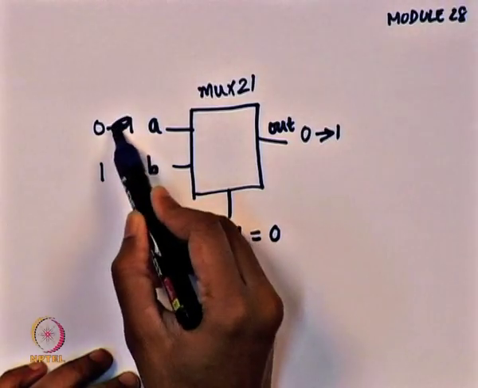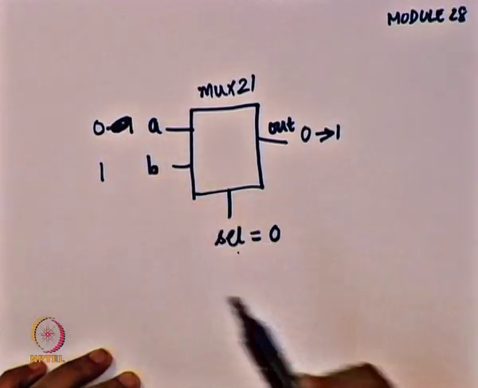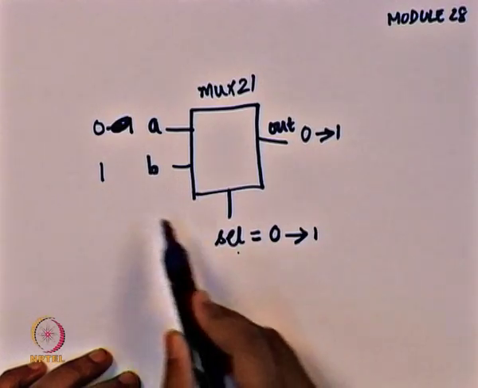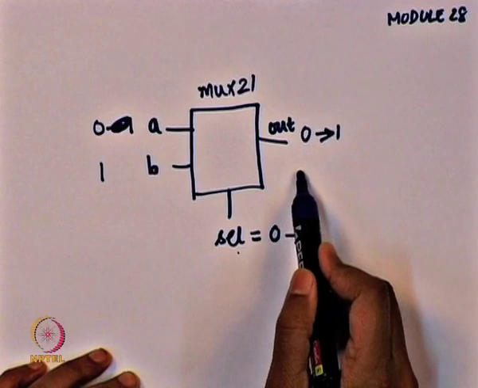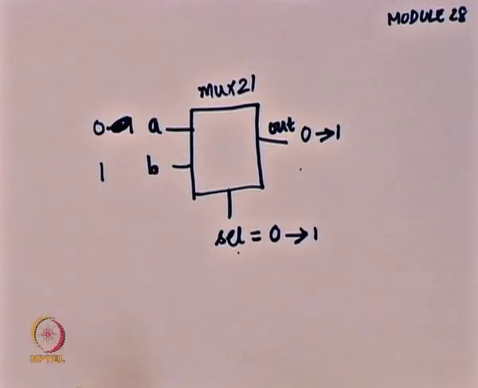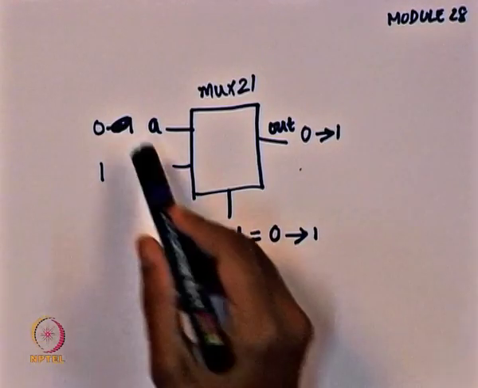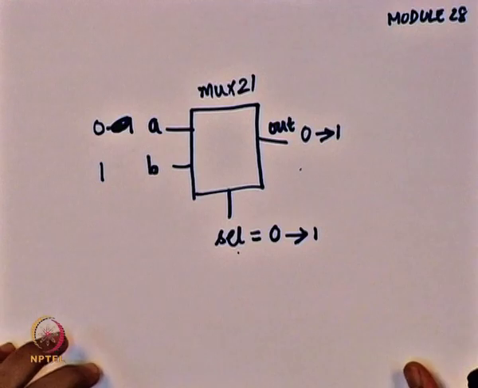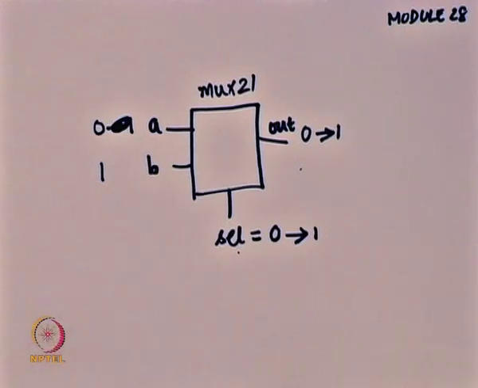Or let us say A and B were 0 and 1, and select goes from 0 to 1, in which case you want B to be selected, and again the output should go from 0 to 1. So there is no memory here. These inputs are staying as they are, and one or more inputs can change. You would want the output to react to that, and that is the definition of a combinational circuit.